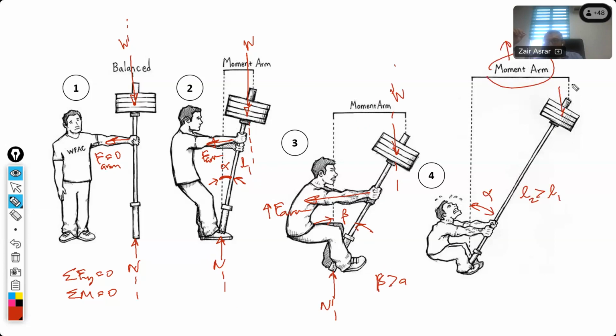Weight remains the same, normal force remains the same, but what changes here is the length, or basically the moment arm is increasing. When the moment arm is increasing, moment will increase as well. So we have two ways to increase this moment arm, which will later on increase our moment, either increasing the angle or increasing the length. The net effect will still be the same.